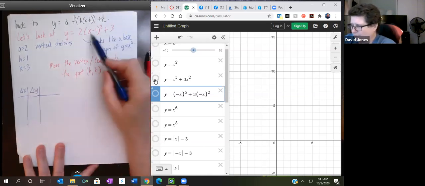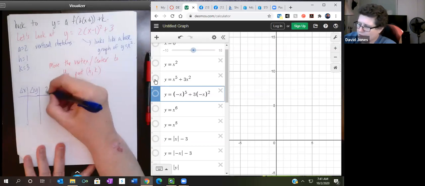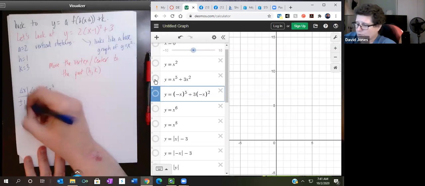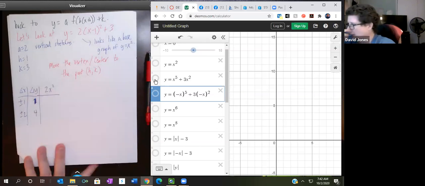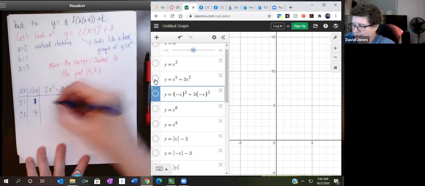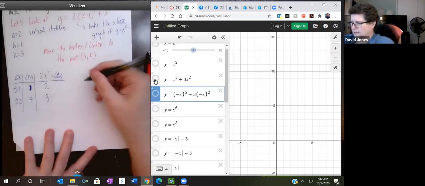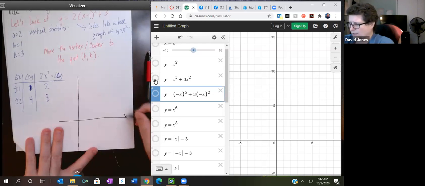And the only other thing, we've dealt with the h and the k, we have that too. So what about 2x squared? So plus or minus 1, plus or minus 2 leads to 2 and 4, or 1 and 4. This is 2 times delta y. Double it, that's 2 and 8. So I'm going to move my center to 1, 3.